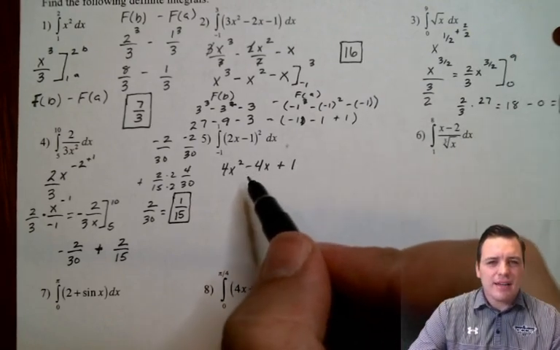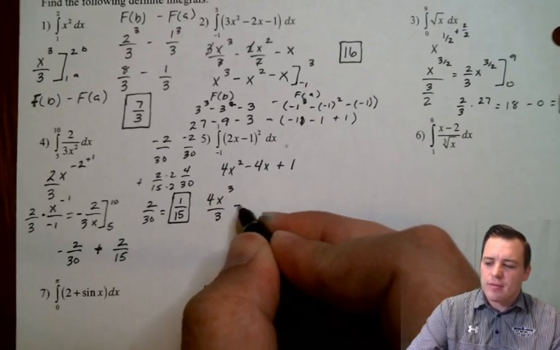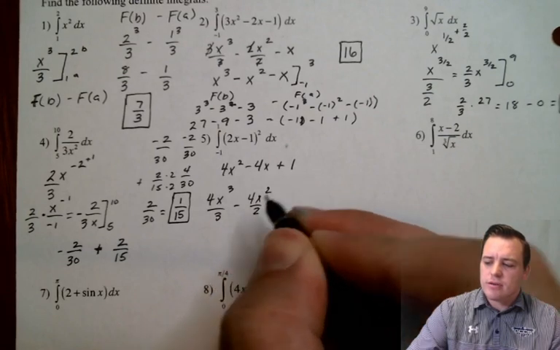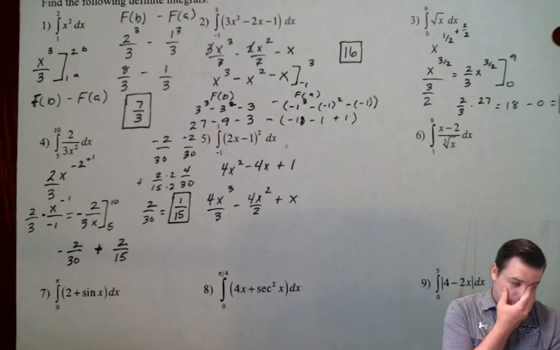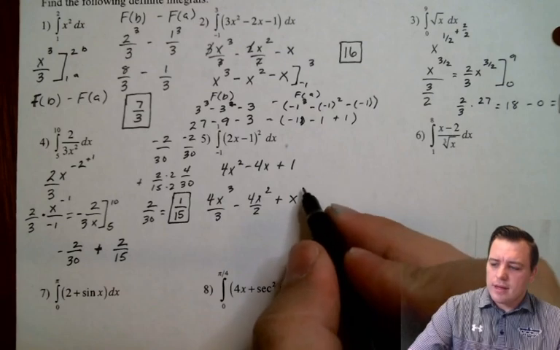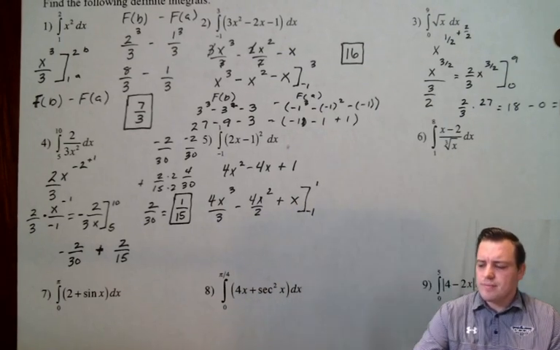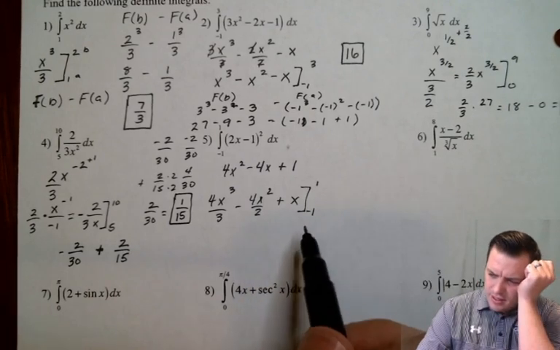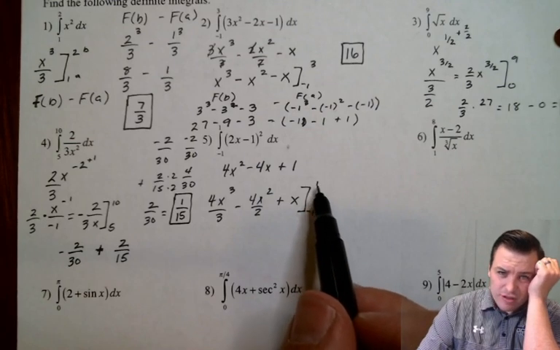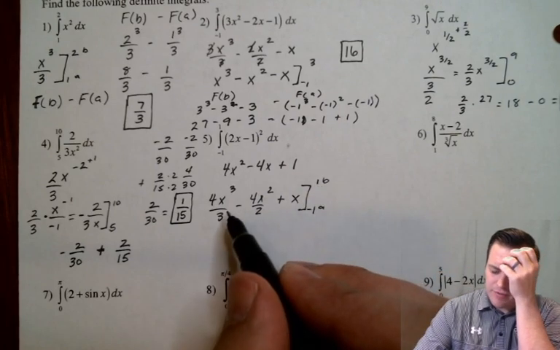Then from there, guys, we just need to say 4x cubed over 3 minus 4x squared over 2 plus x. That's our antiderivative, so we can say upper limit is 1, lower limit is negative 1. So here's how this would look. I go f of b first. Again, keep in mind this is b, this is a, so put b in first.